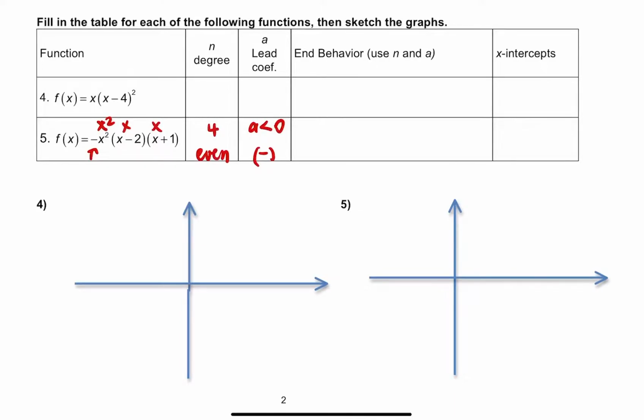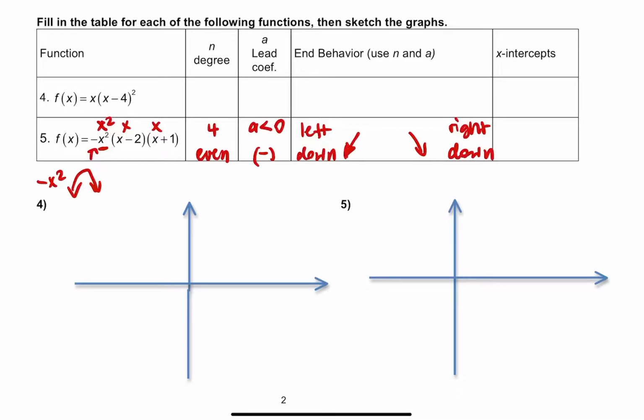Even and negative, we can think of negative x squared, which would look like this. So the end behavior is going to be going down: the left side is down and the right side is down. Now our x-intercepts. You guys cannot skip this because a lot of people miss it.